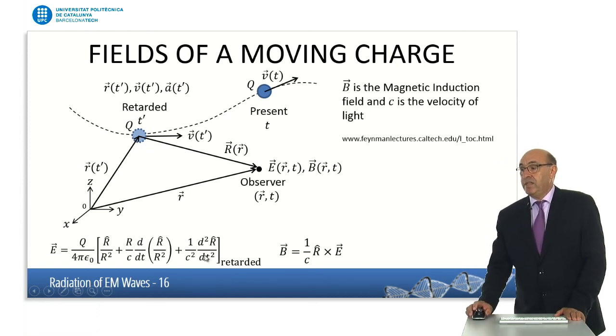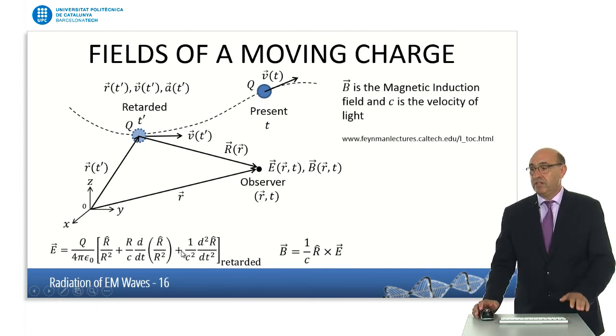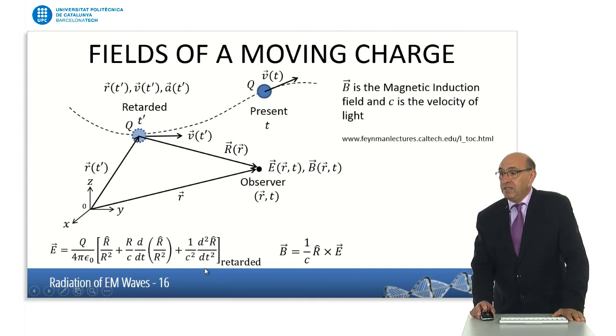And outside the bracket, you see this comment, retarded. What is the meaning of retarded? Well, it means that you have to evaluate this field in terms of the charge, but taking into account that it should be at a time that takes into account this delay.